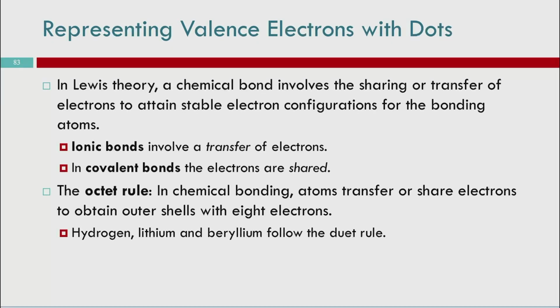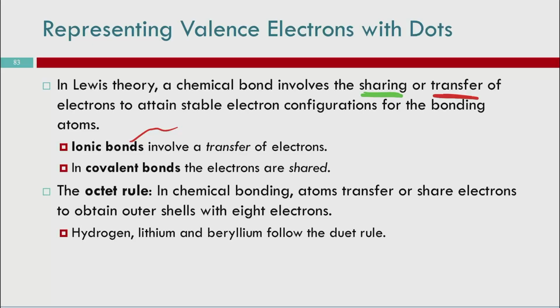In Lewis theory, we've got 2 types of bonds. We've seen one of these types of bonds before. Our bonds are either sharing or the transfer of electrons. We've looked at the ones that are a transfer of electrons. Those are ionic bonds. So ionic bonds involve a transfer of electrons.